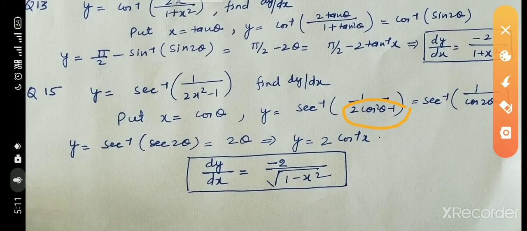So sec inverse 1 upon cos 2 theta, and 1 upon cos 2 theta can be written as sec 2 theta. Using inverse trigonometric property, it will be 2 theta, and after substituting theta, it will become 2 cos inverse x. After differentiating, dy by dx is equal to minus 2 divided by root 1 minus x square.